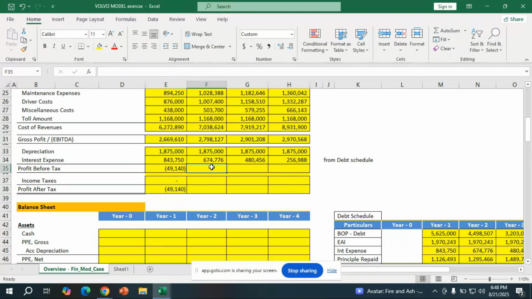Now again for year two, the same procedure. Equals to your GP minus, in brackets, depreciation plus interest expense, close the brackets. So your income tax is what? What is the amount we've got here?